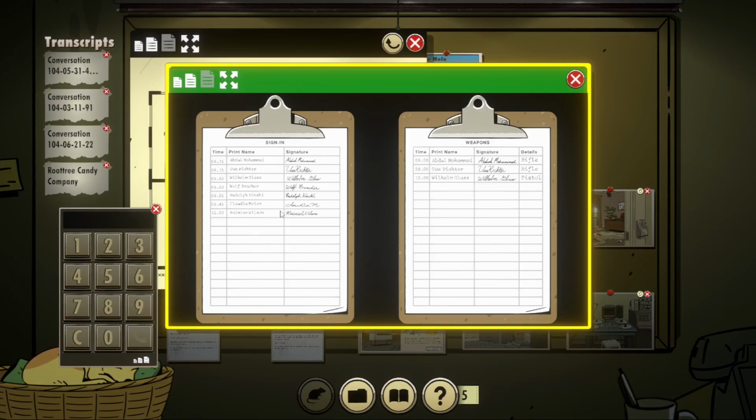I think Rudolph is the journalist, right? Wolfgang is media. Hold on. I'm gonna do something. I'm gonna organize this way. Abdul Muhammad. I think Yui. There must be 3.